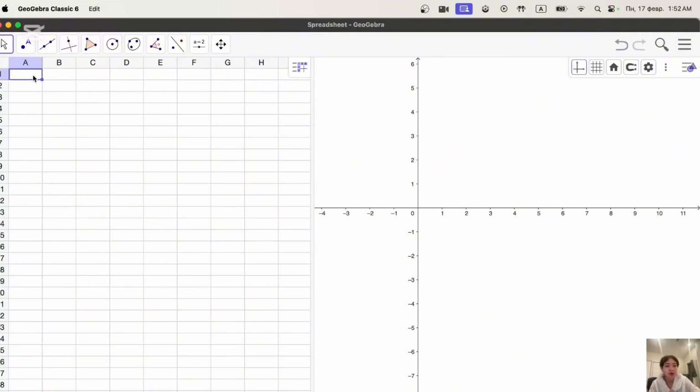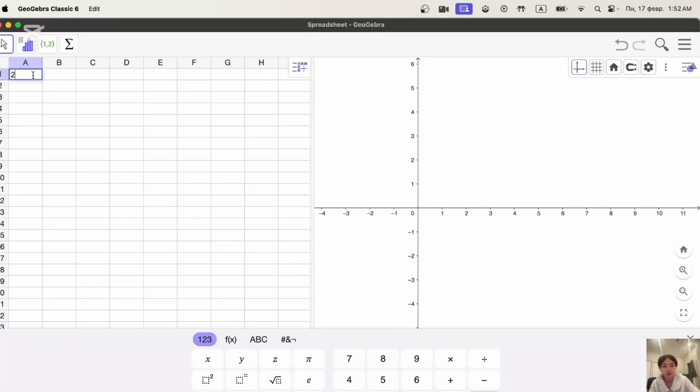In cell A1, enter the left side, 25. In cell B1, enter the right side of the equation. If I'm not wrong, it was 50 minus.